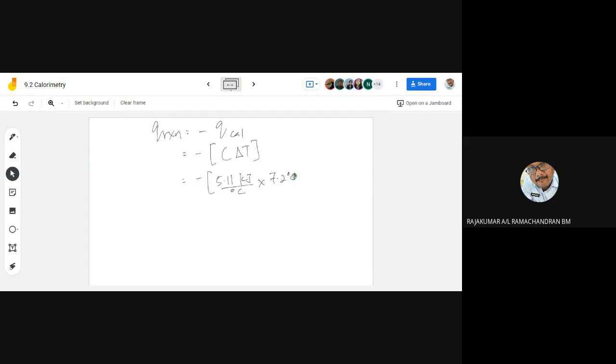Jadi kita boleh cancel. Celsius boleh cancel. Maka kita akan dapat dalam kilojoule, kita kira 5.11 times 7.2. So I get negative 36.79 kilojoule.